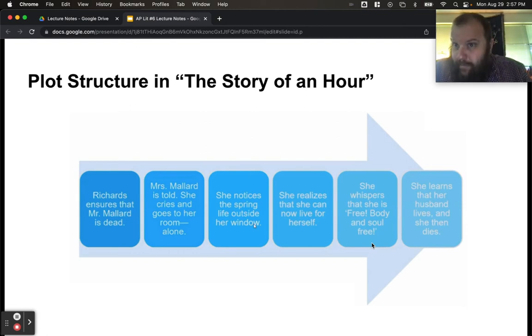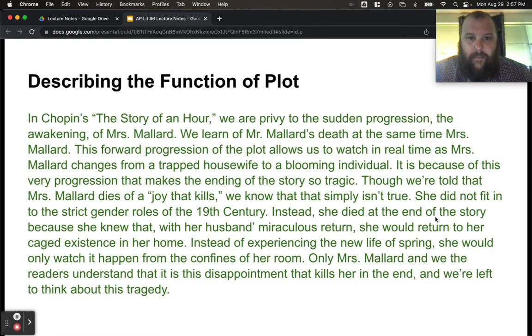And then we learn at the end, when she learns that Mr. Mallard is actually alive and he comes home, she falls over dead, right? And the story ends by saying that she dies of joy that kills? Is that correct? Yes. Joy that kills, right?